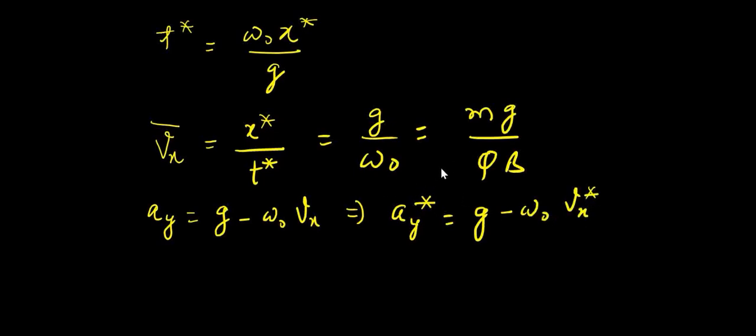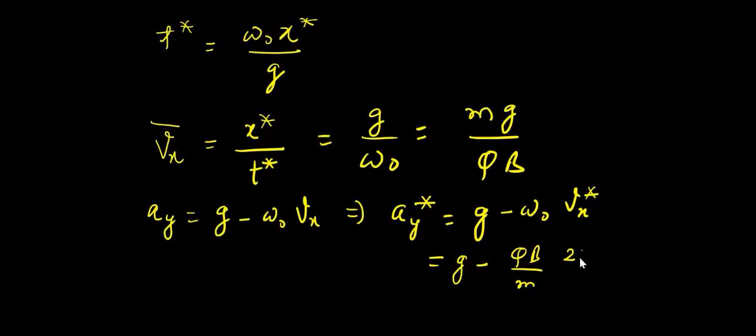We know the values of everything here: g is given, vx star we already got, and omega naught is qb by m.